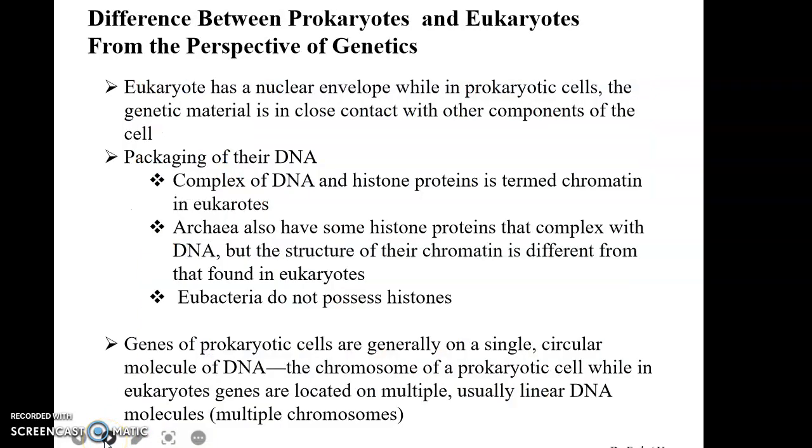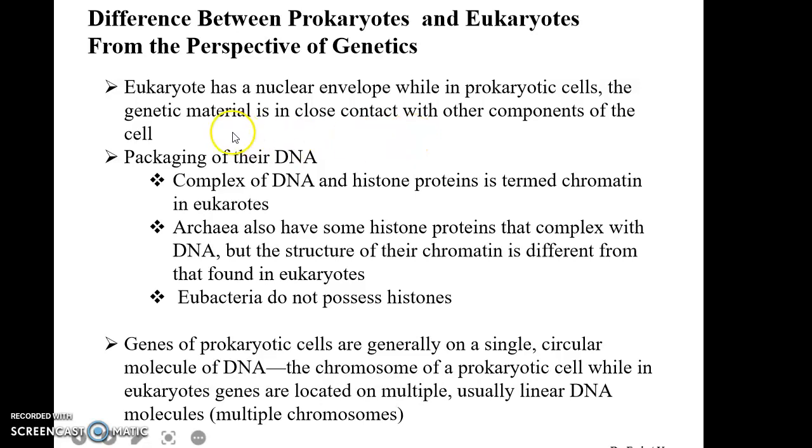If we talk from the perspective of genetics, the major difference between prokaryotes and eukaryotes is the presence of the nuclear envelope. The eukaryote has a nuclear envelope, while in the prokaryotic cell the genetic material is in close contact with other components, because there is no nuclear envelope around the nucleus.